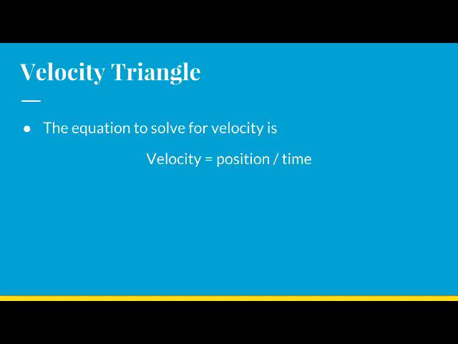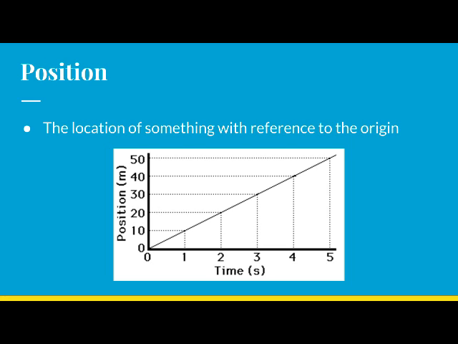And we're going to be practicing with the equation of velocity, right? Velocity is related to position and time, and you solve for velocity by dividing your position by your time. So let's say you go 10 meters in 1 second: position 10 meters divided by time 1 second is 10 meters per second.